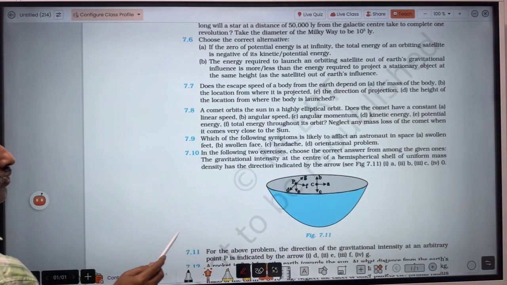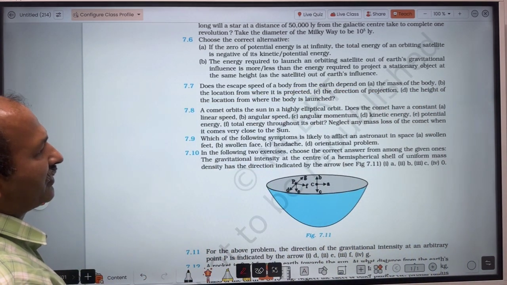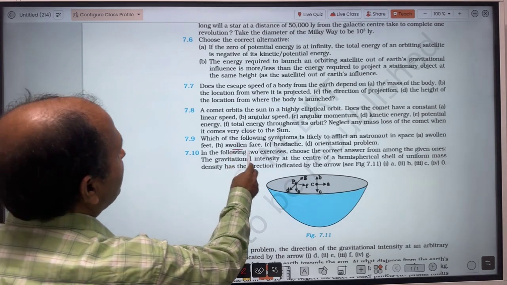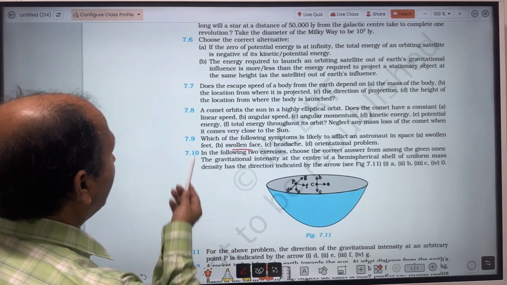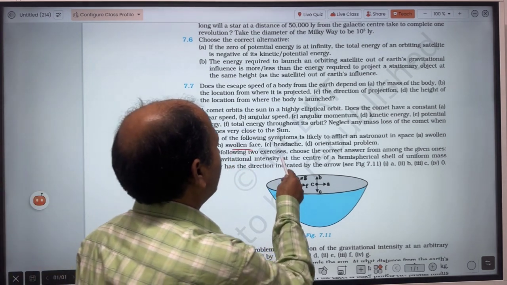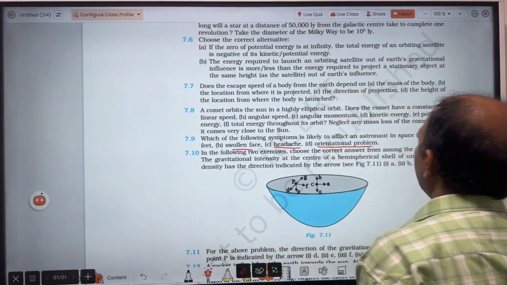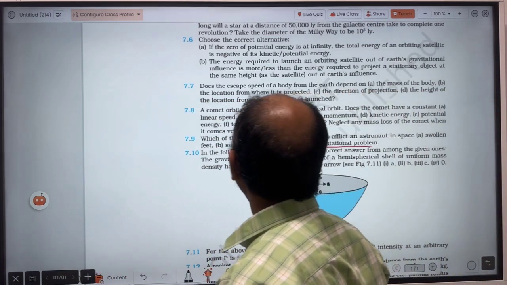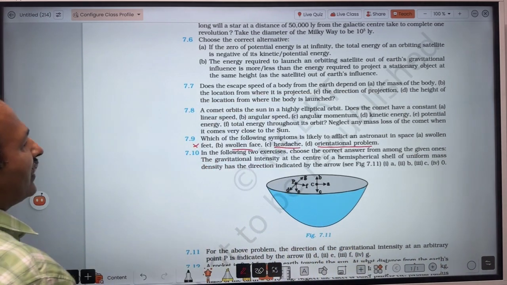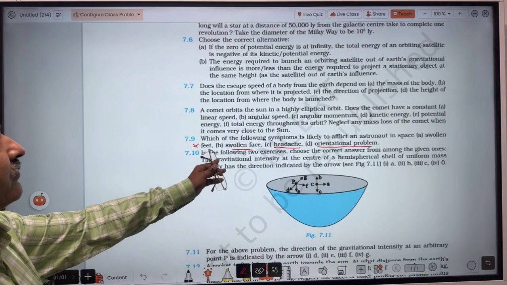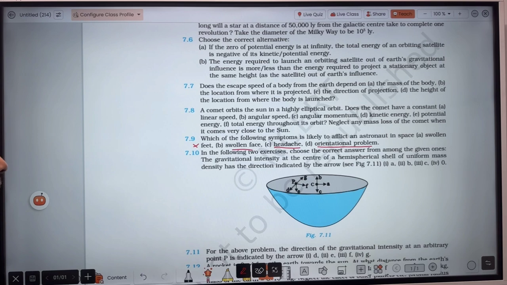If feet are swollen, that does not matter. But a swollen face will affect, because blood will move up. A headache will affect. Orientational problems, of course, will too. So except the first one, swollen feet, the others are possible.